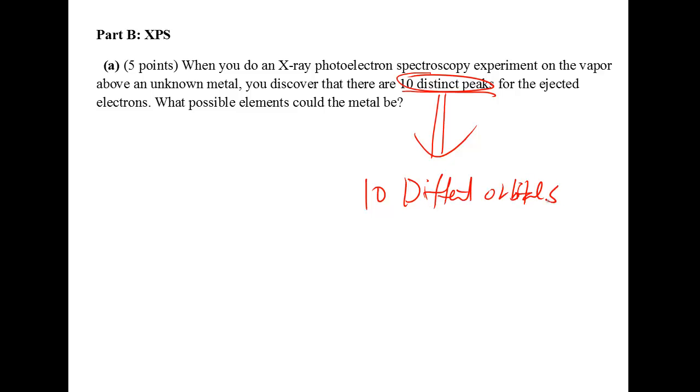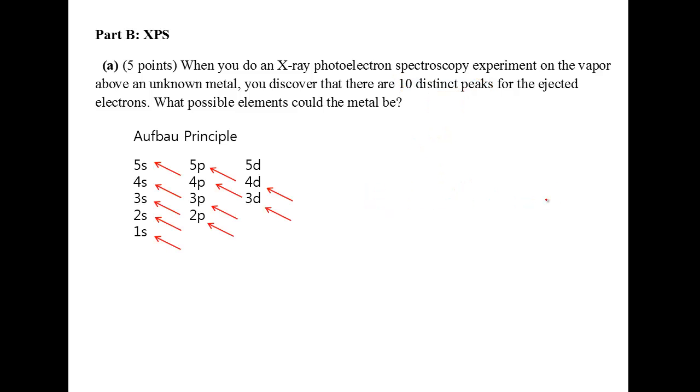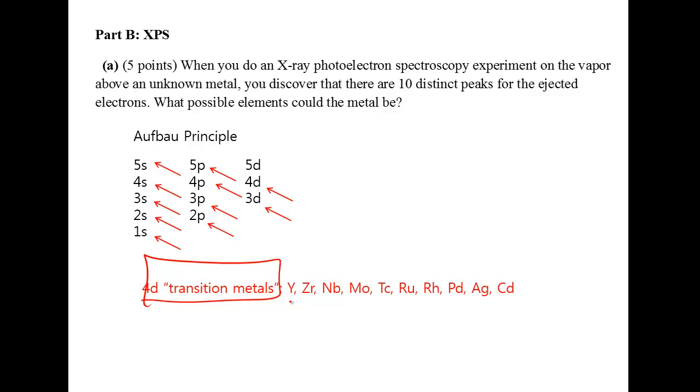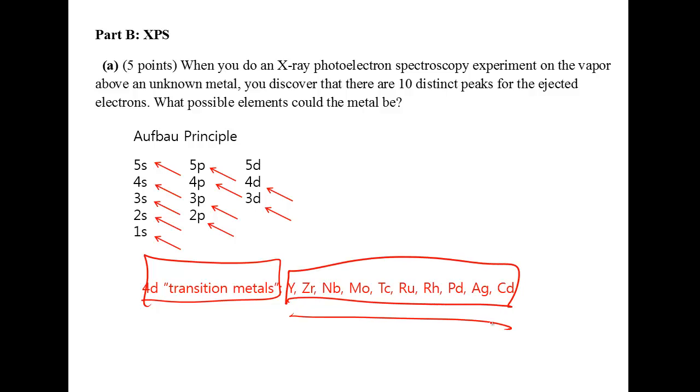And you find the 10 lowest orbitals: 1s, 2s, 2p, 3s, 3p, 3d, 4s, 4p, 5s, 4d. The atoms that have the final electron filled up in the 4d orbital are the so-called 4d transition metals, which are these 10 elements.